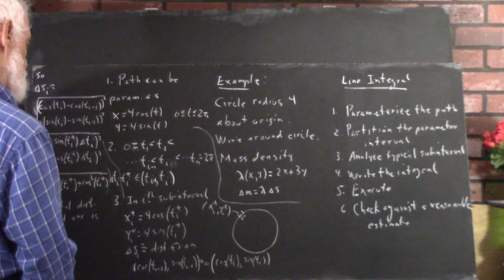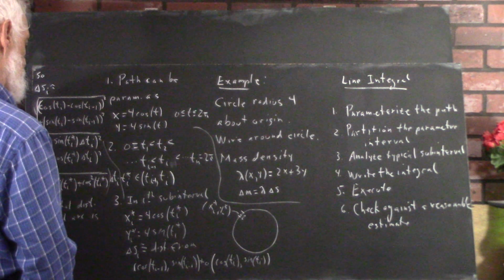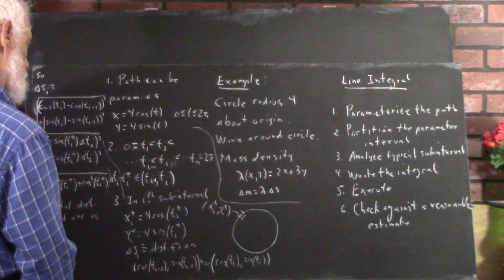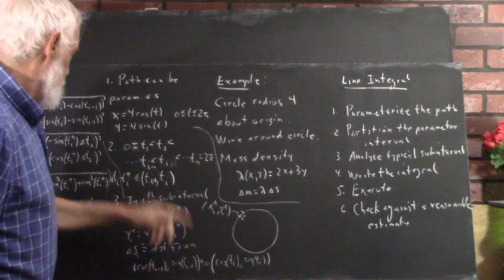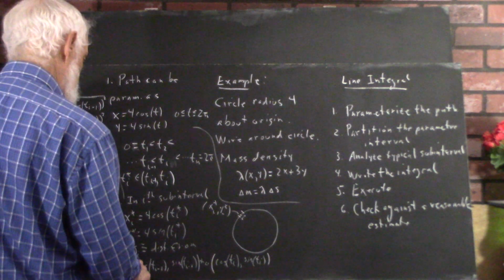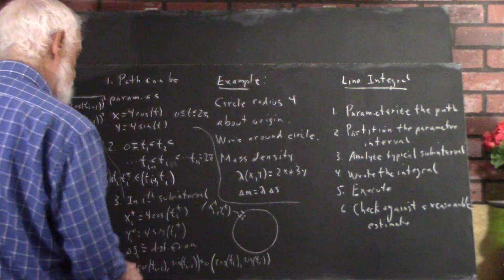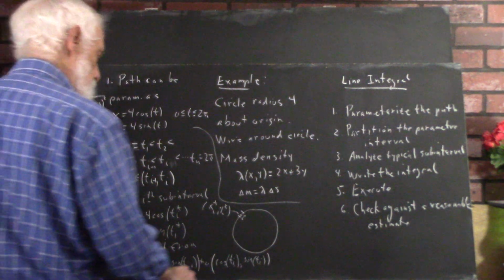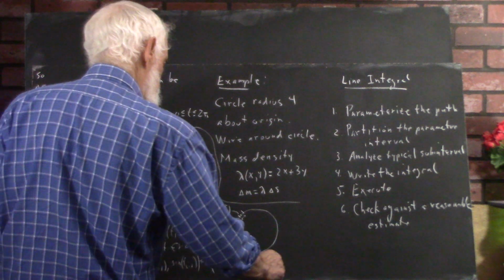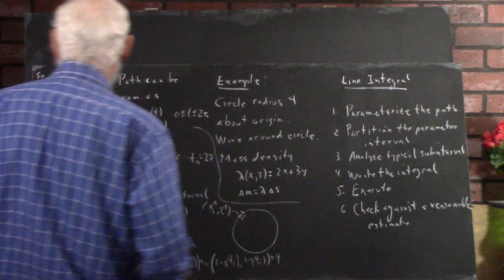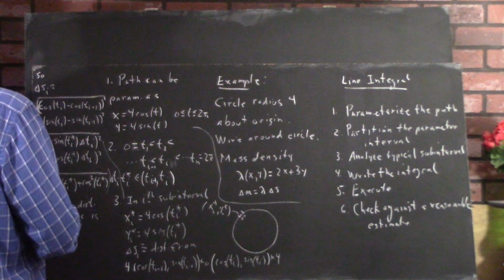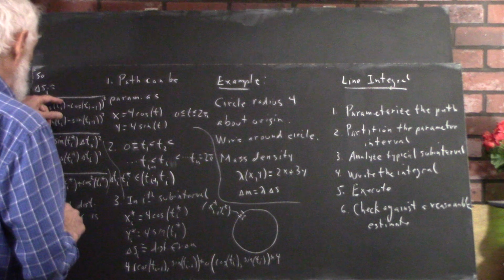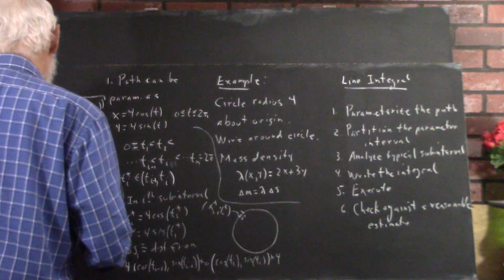And you know what? I was really pretty careless here, because your parameter is 4 cosine of t and 4 cosine of t_i, so I'm going to have to put a 4 out here, multiplies through everything, and we're going to have a factor of 4 in each of these.